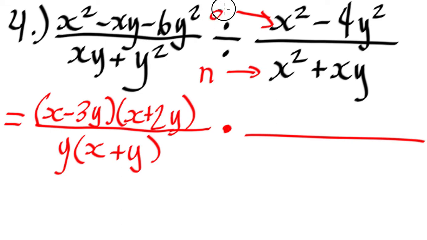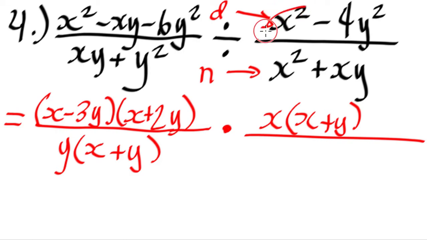Now, before we write it down, maybe we can simplify it already. In x squared plus x, we have a common factor, which is x. So we can take that out, so we have x times the quantity x plus y. And then in our denominator, we can apply the difference of two squares.